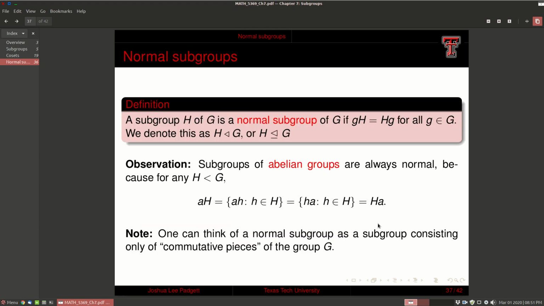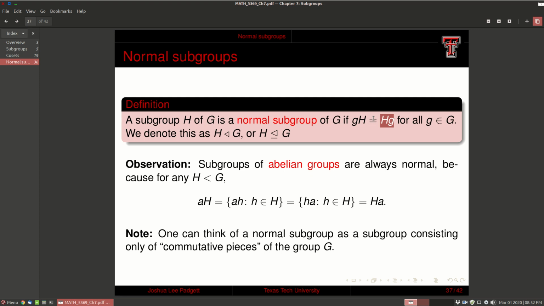All right. So what is a normal subgroup? If H is a subgroup of G, and all the left cosets of H are equal to all of the right cosets of H, then H is called a normal subgroup. Somehow a subgroup H is normal if all the elements in H commute with everything else.